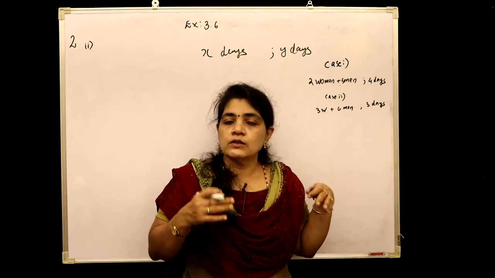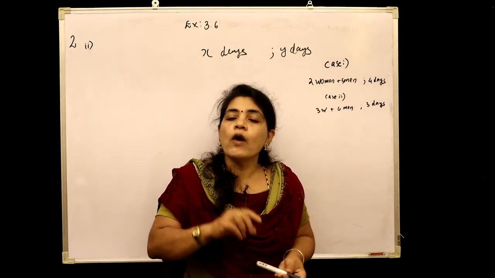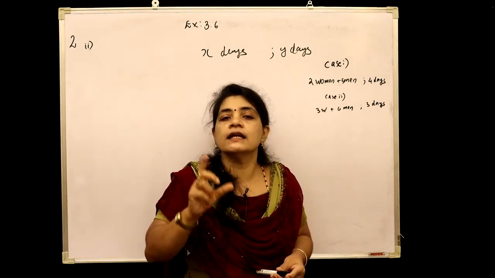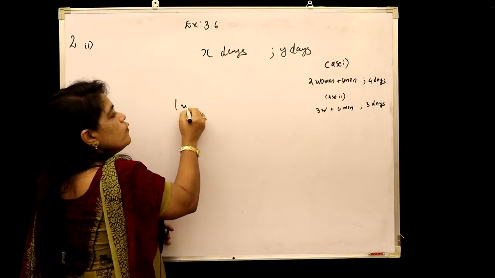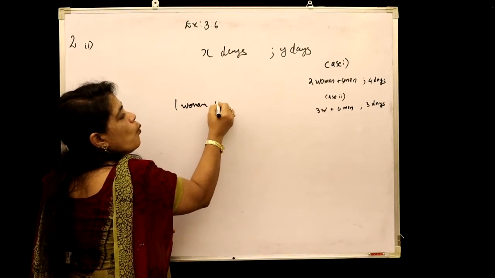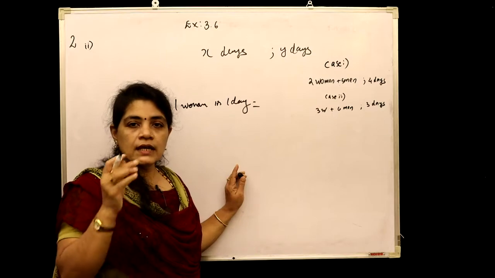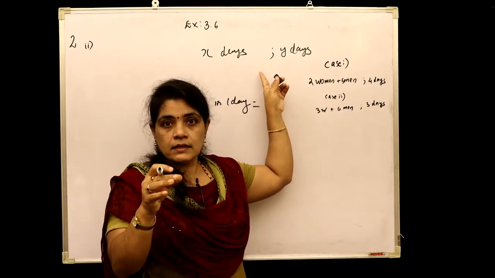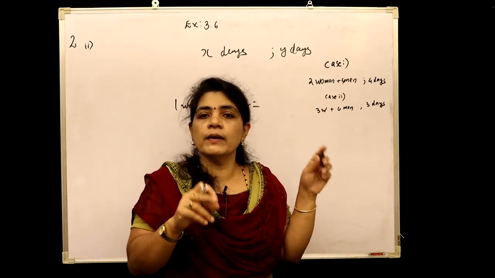So children, first of all find the work done by one woman in a single day. Unitary method. One woman in 1 day. We have taken x days to finish the work, so one woman's 1 day's work will be 1/x.